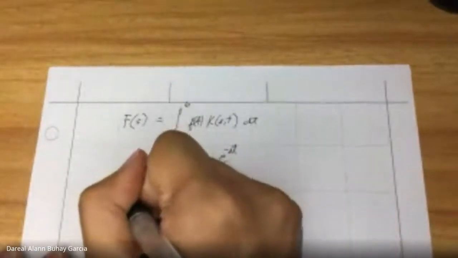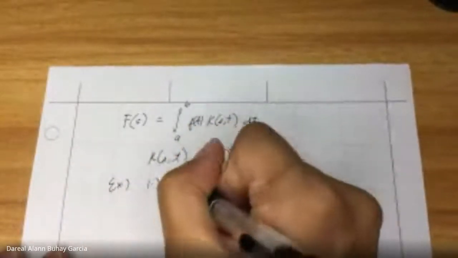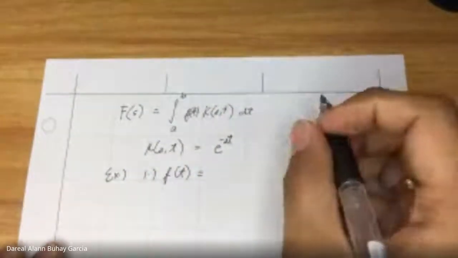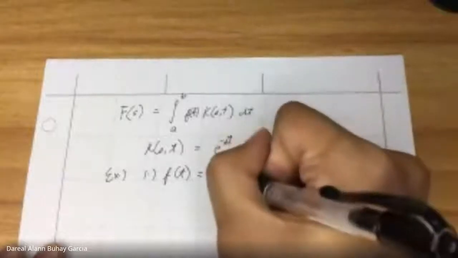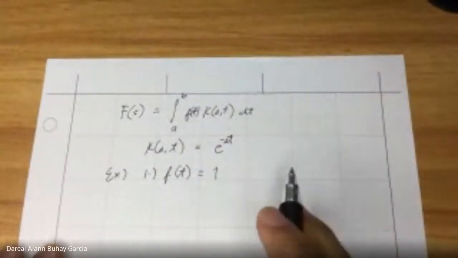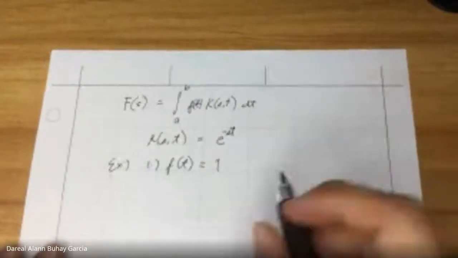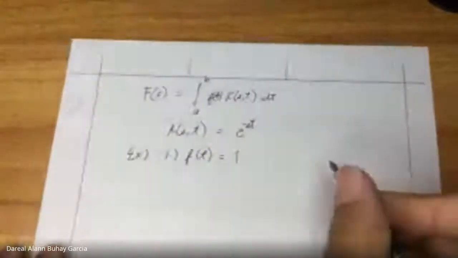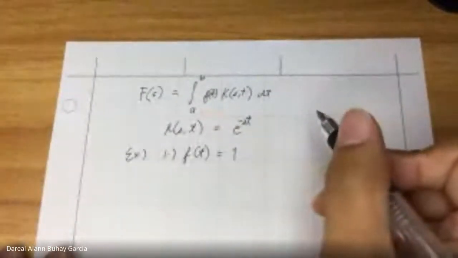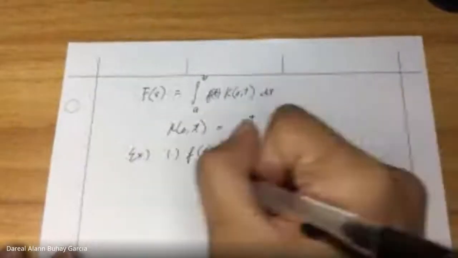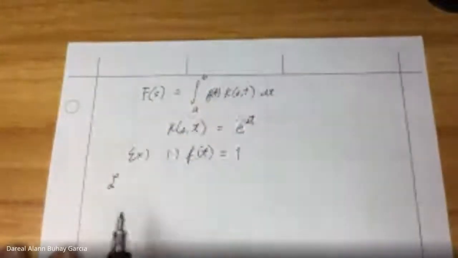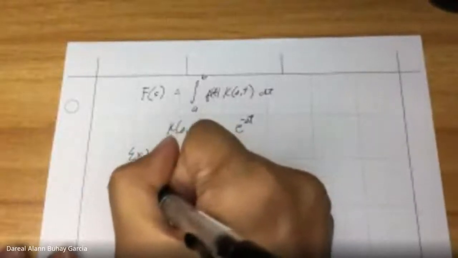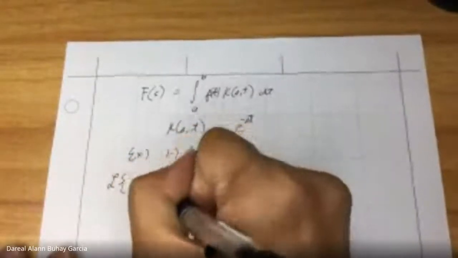Now, example. Let our given function be f of t equal to 1. No? Or f of x man diay, no? Palaman na. Let's say our given function is 1. So, what is the Laplace transform of 1? Before nako i-solve, another notation for the Laplace transform is stylized nga L or cursive nga L, Laplace of f of t.